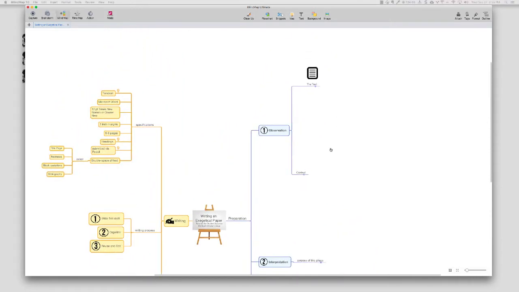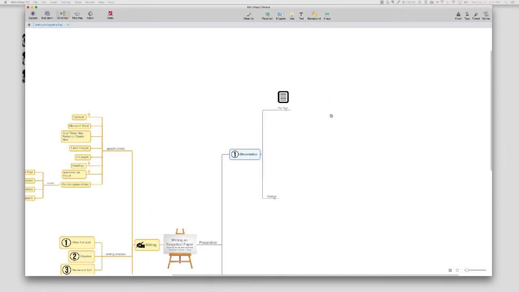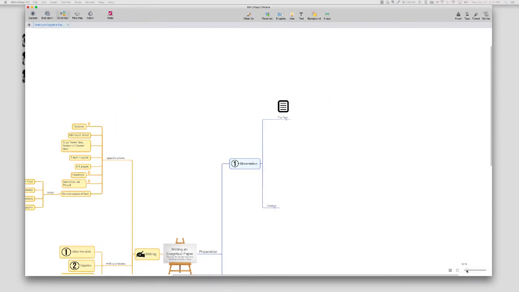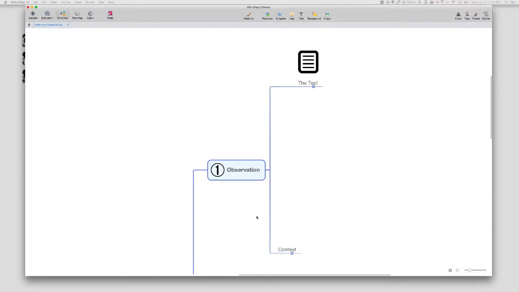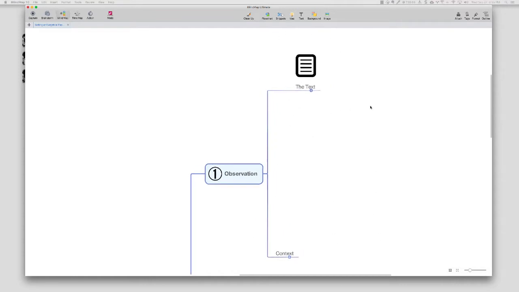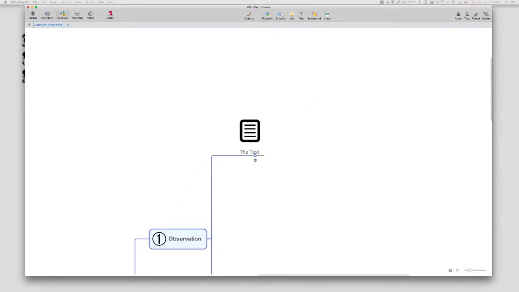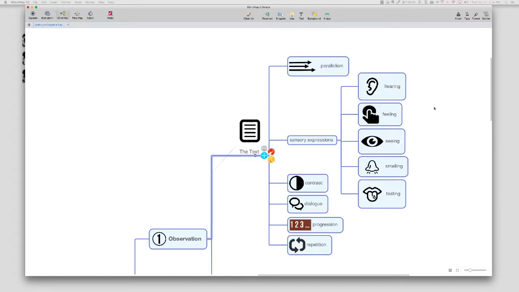So let's talk about observation. We observe both the text itself and the context. So you have the text up here and the context down here. As we look at the text, what you want to look for are parallelism, expressions in the text that are saying the same thing in a parallel way.